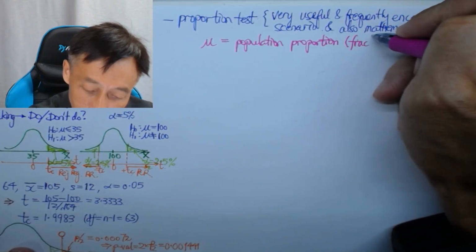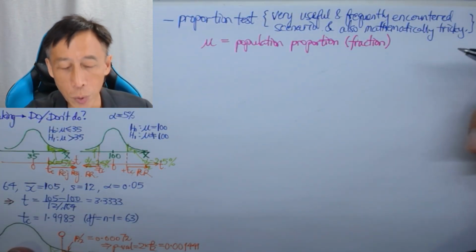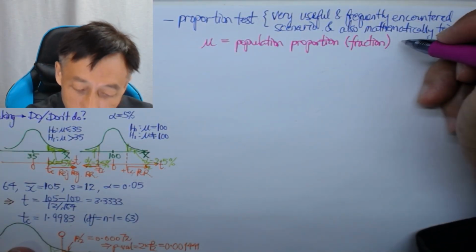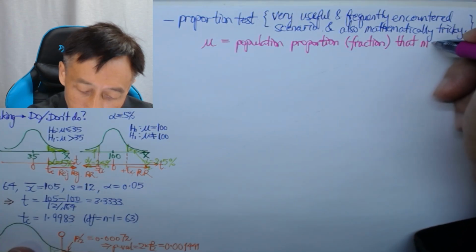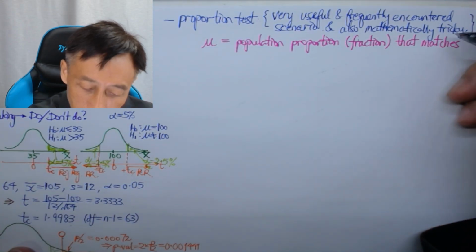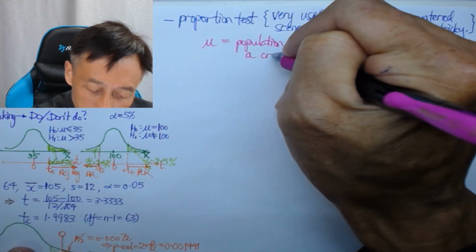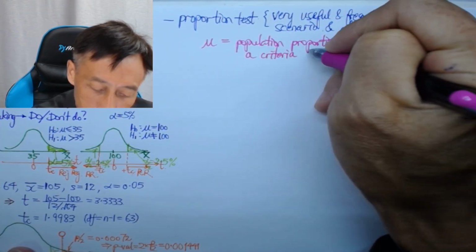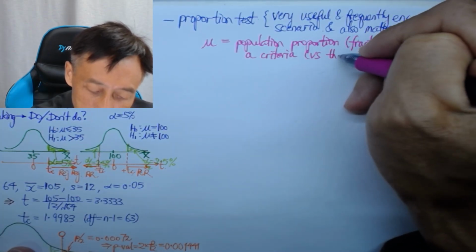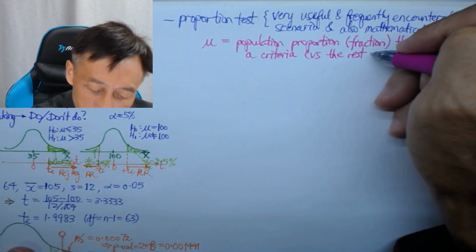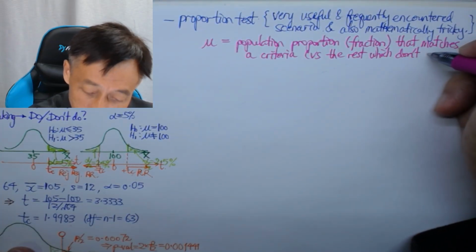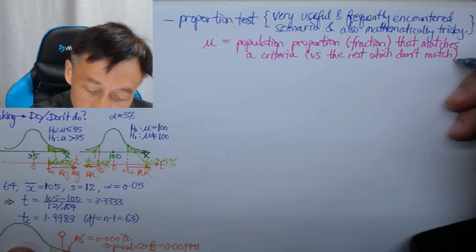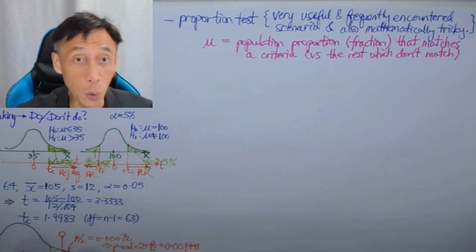The population proportion, or population fraction, that matches criteria, versus the rest which don't match. So it's a binary division. All right, so it's like you have a measurement that is 0 or 1.